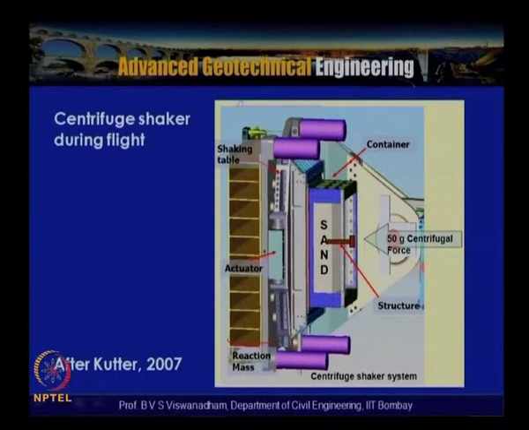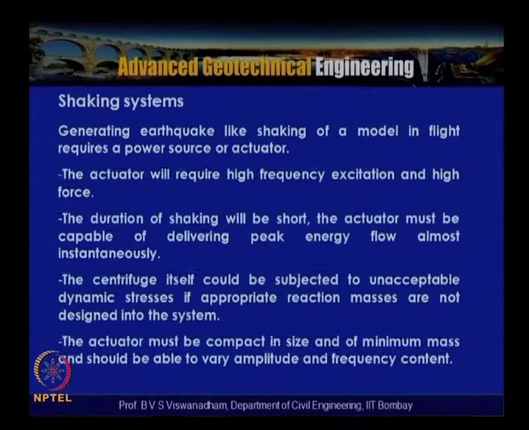When the model is rotating, this side is the center of the shaft, this is the laminar container, and this is the shaking system, and these are the accumulators for pumping oil to the actuator, and this is the basket. It is mounted on the basket, shown schematically for 50 gravities.